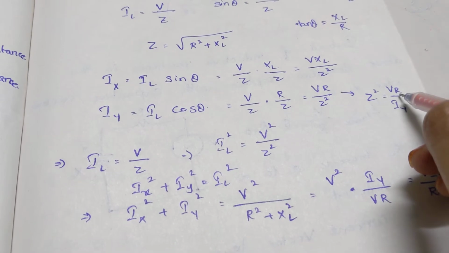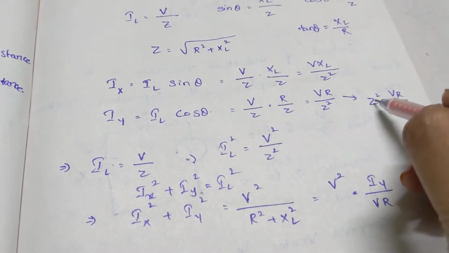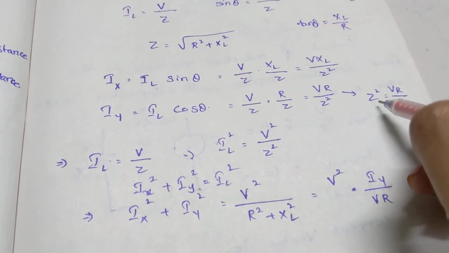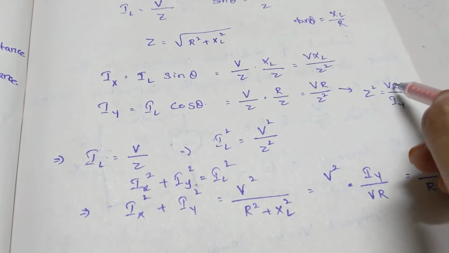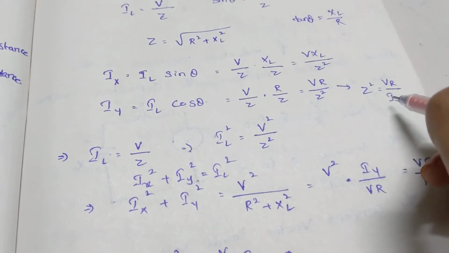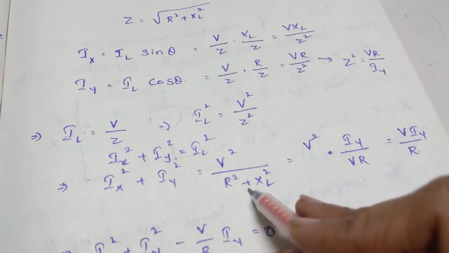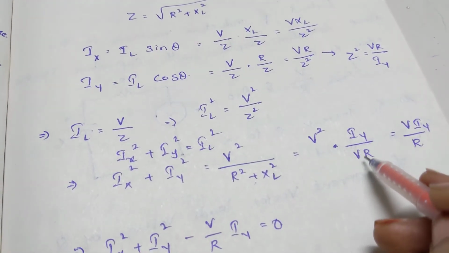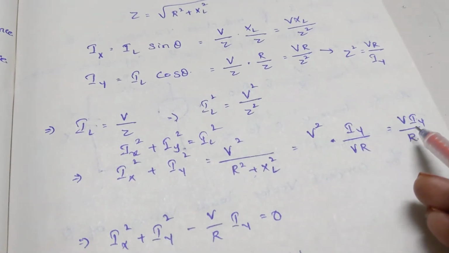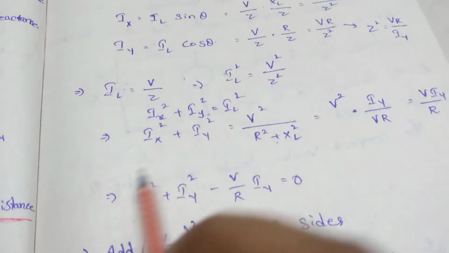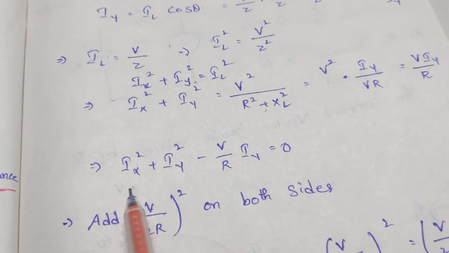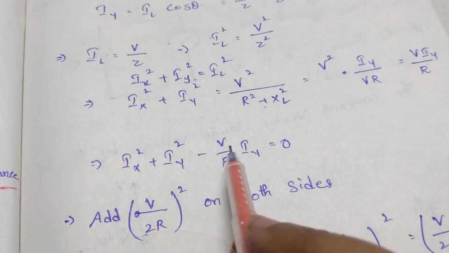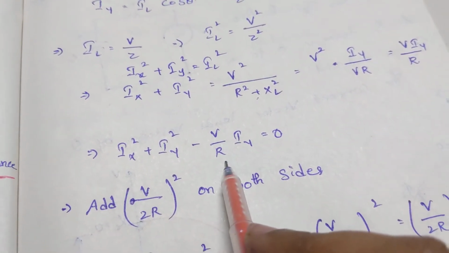So in place of Z square, I replace with VR divided by Iy. So now I get this term in place of known values, because I know the Ix value, Iy value, voltage and resistance.